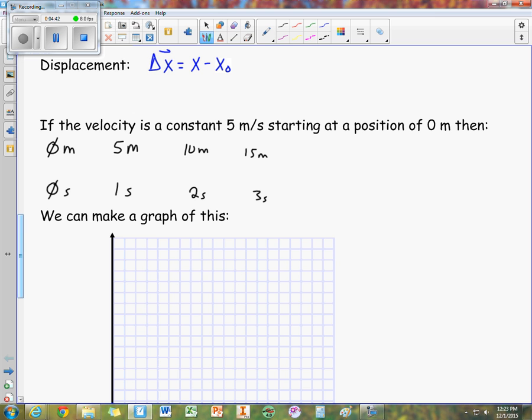I think you'll probably get this pattern pretty quickly. But this is what it means to travel at a constant velocity. The displacement is even for each second. Notice how each second gets 5 meters worth of displacement or position. The object's position changes 5 meters for every second, no matter where you look.